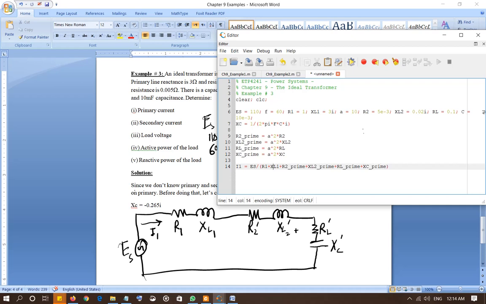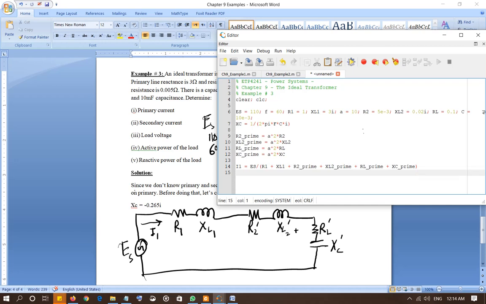So that's going to be my I1. That's my I1.